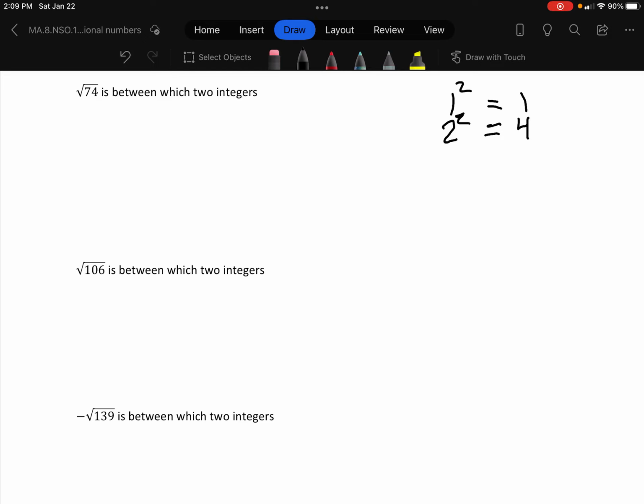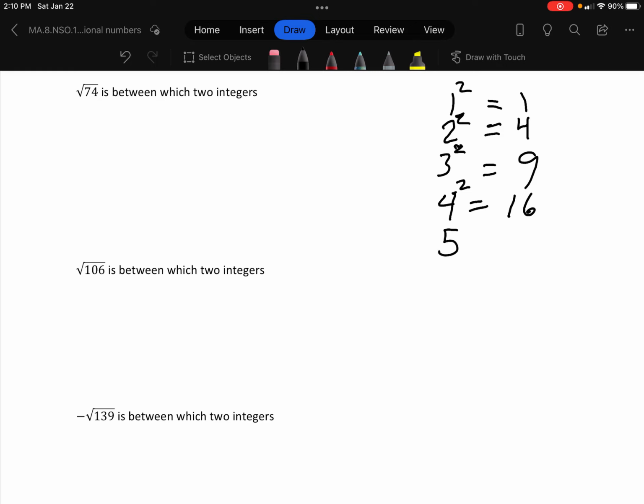So let's continue with 3 squared, which is 9. 4 squared is 16. So all of these numbers are perfect squares: 1, 4, 9, 16.